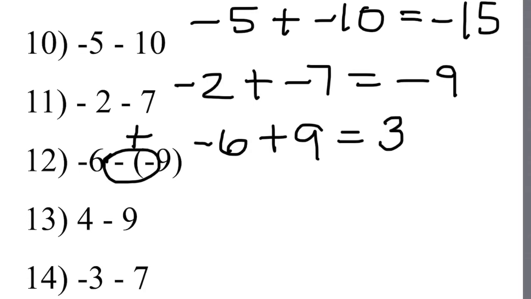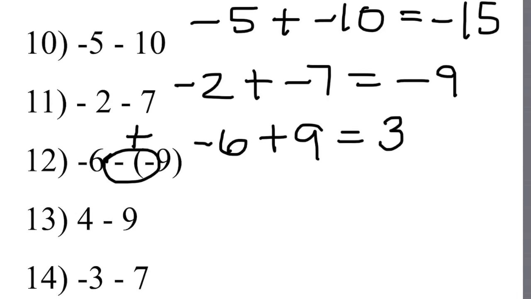Pause the video and try number 13 on your desk. I always think these are going to be the easy ones, but I always get students who flip the numbers in their head and tell me that the answer is 5. This is 4 minus 9, not 9 minus 4. Remember, in subtraction, order matters.